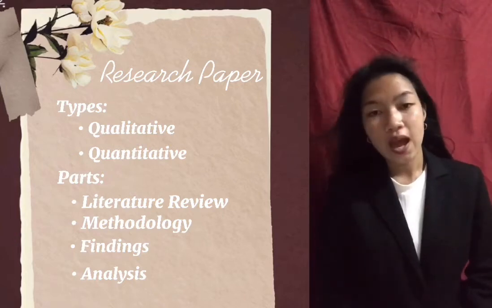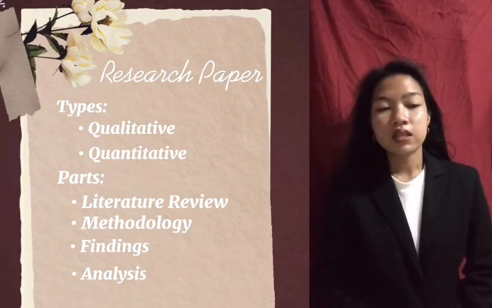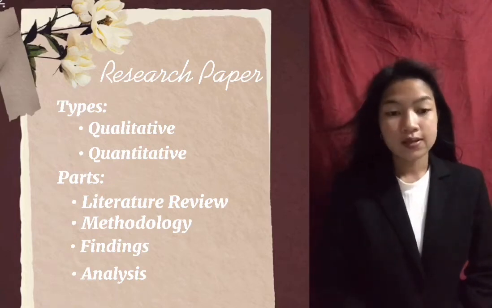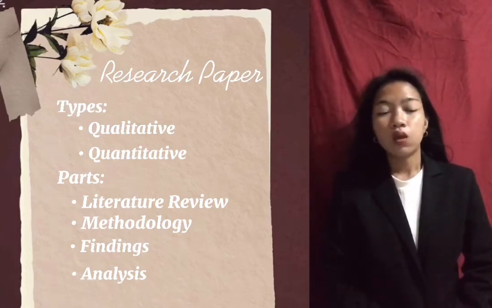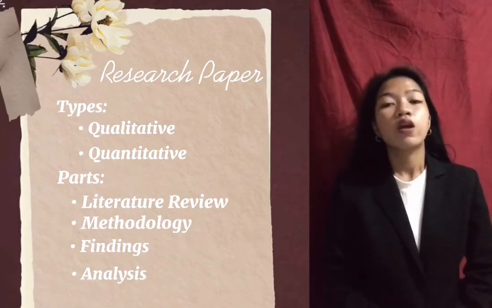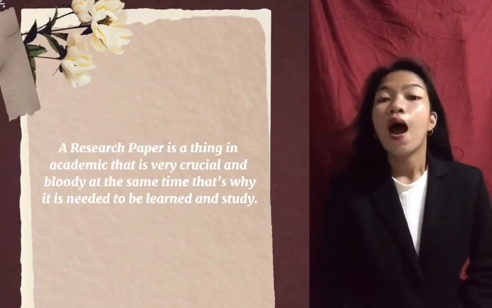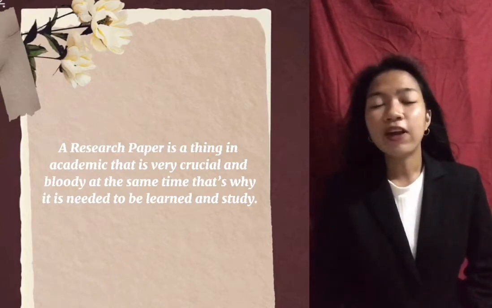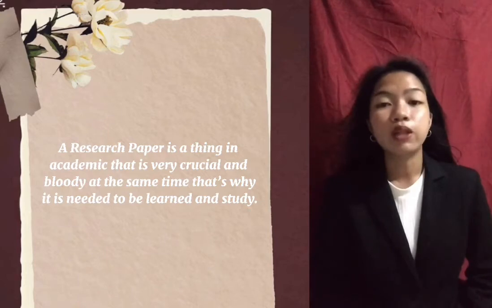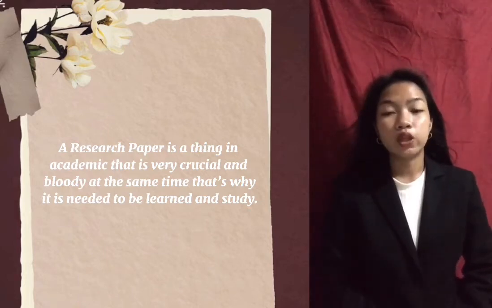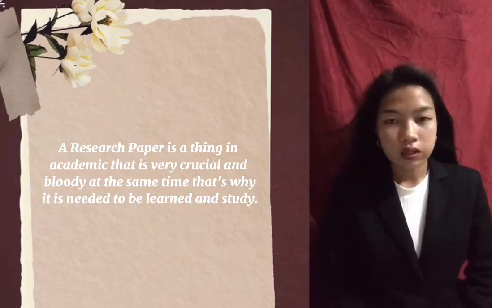And of course, we have analysis. This is where you're going to use other references, sources, and authors that will help to support and justify your findings. A research paper is a thing in academics that is very crucial and very bloody at the same time. That's why it needs to be learned and studied.